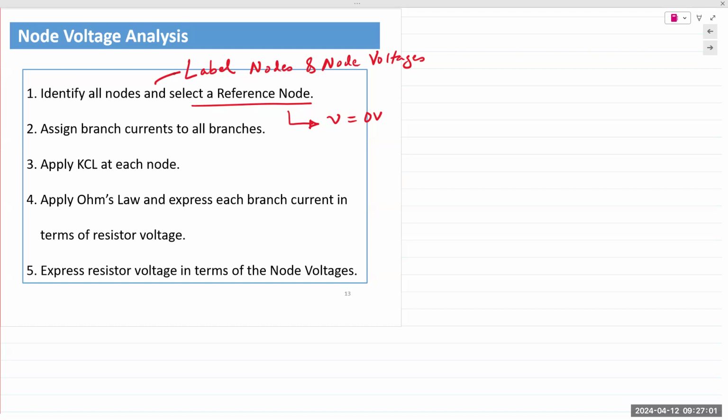That would allow you to conclude the polarity of the node voltages across each resistor. Then you apply Ohm's law and then express each resistor voltage in terms of the node voltage by noting the polarity of that voltage. And that's it. That's the summary.